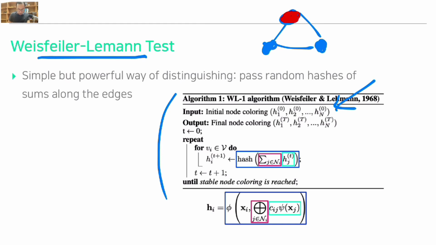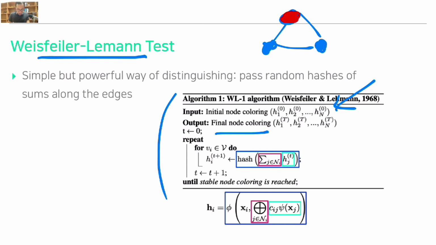The output is to get the final node coloring. So we assign different colors at each iteration.